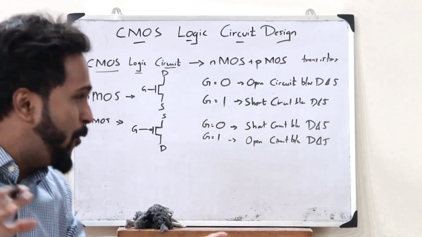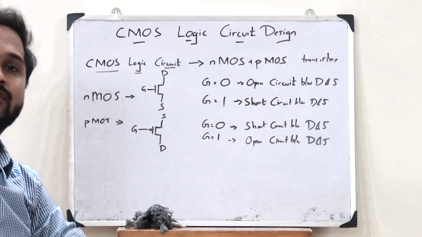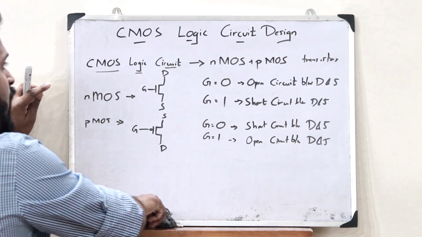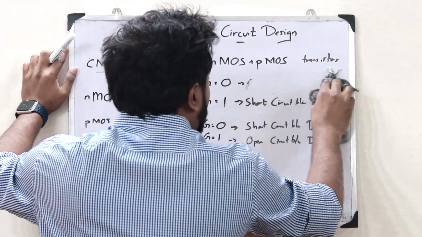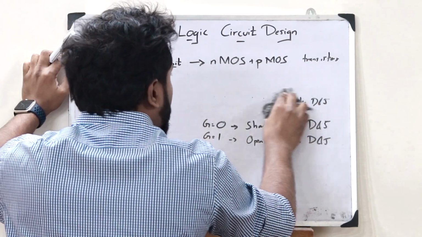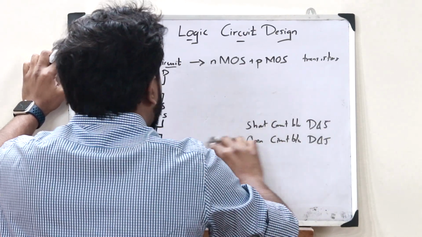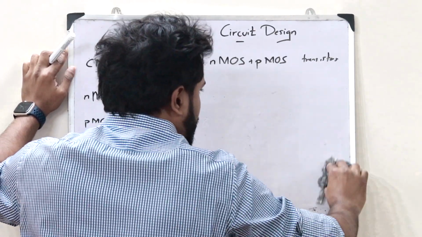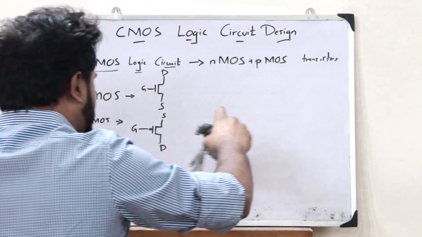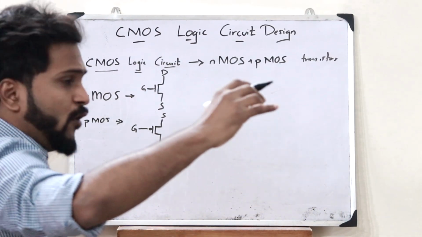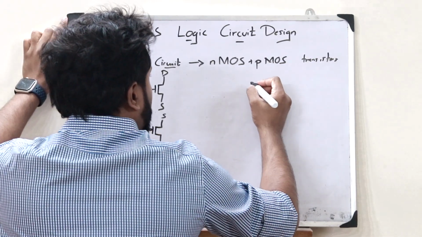That is simply what you refer to as a CMOS logic circuit. Now there are different rules which we have to follow in order to design a particular CMOS logic circuit.